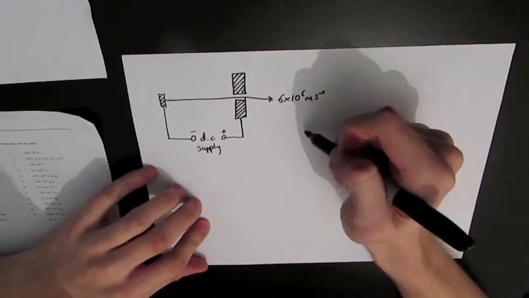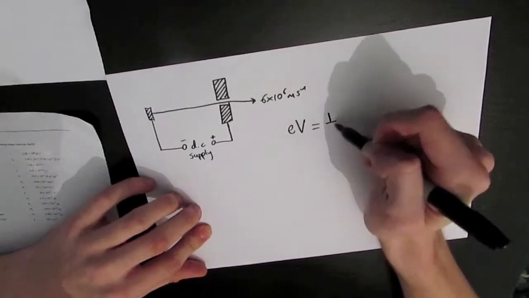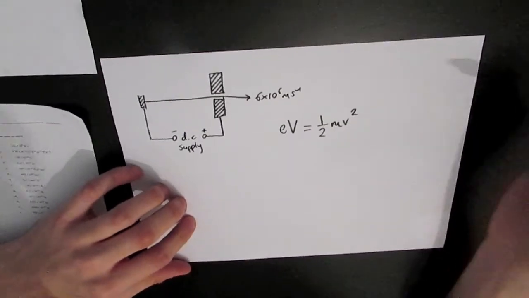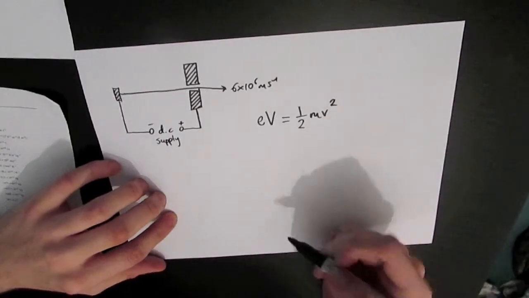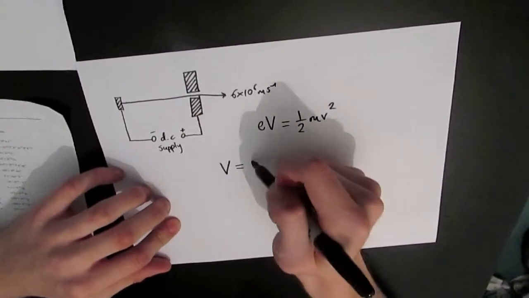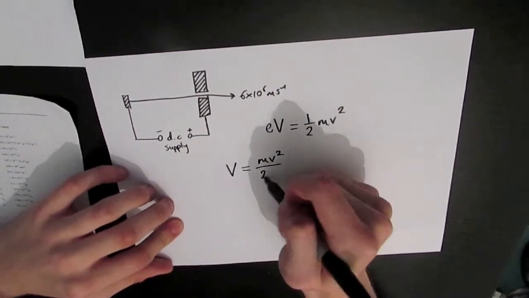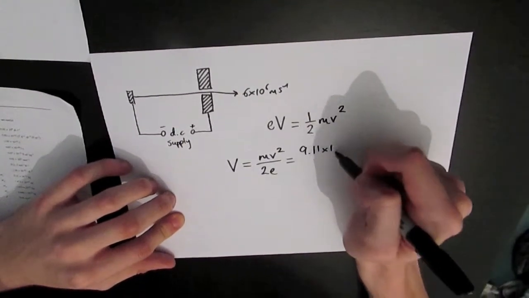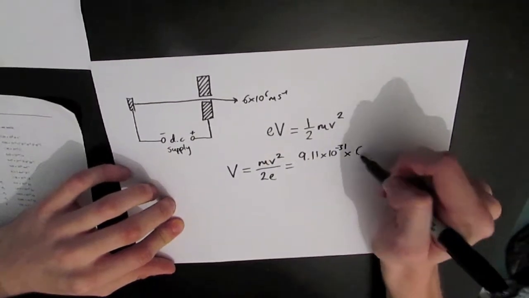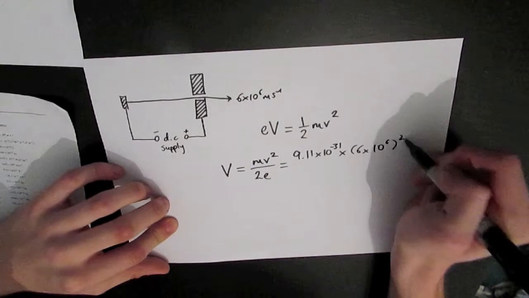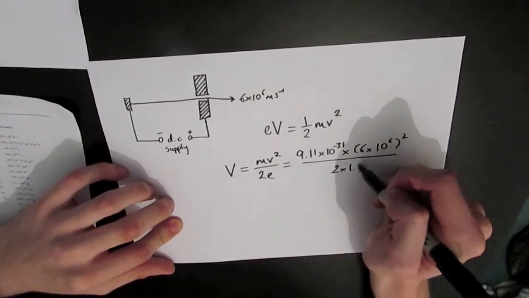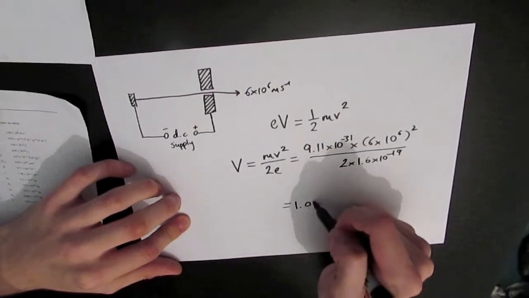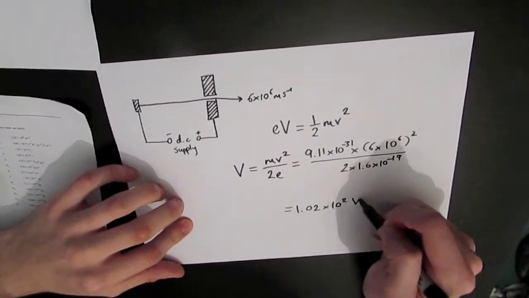For this, you use eV equals a half mv squared, which is just another way of writing the conservation of energy, and you're going to rearrange for V. Once you've got this, you just put in your values, which gives you the answer of 1.02 × 10^2 volts.